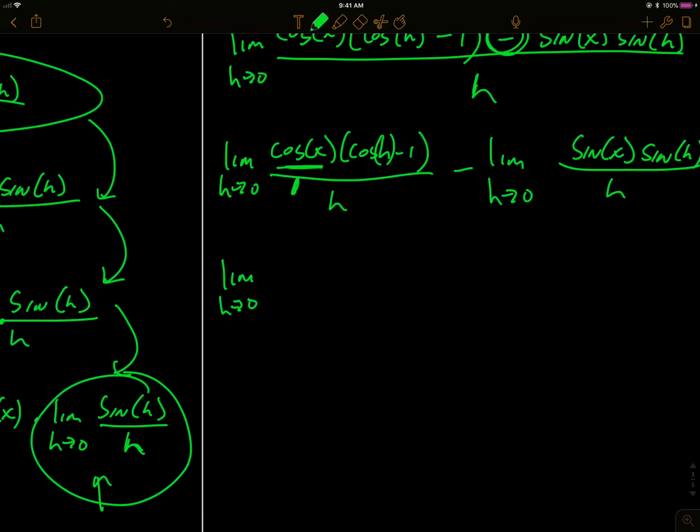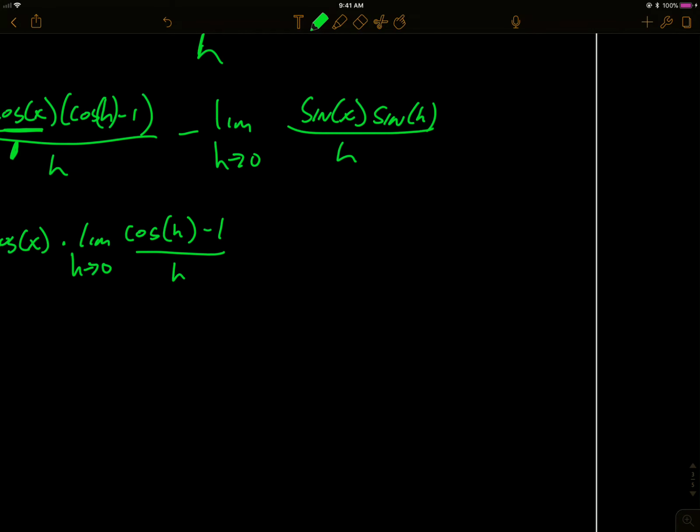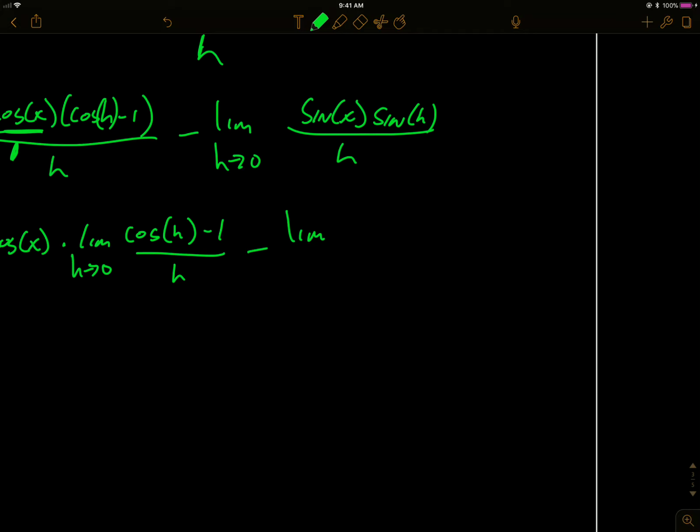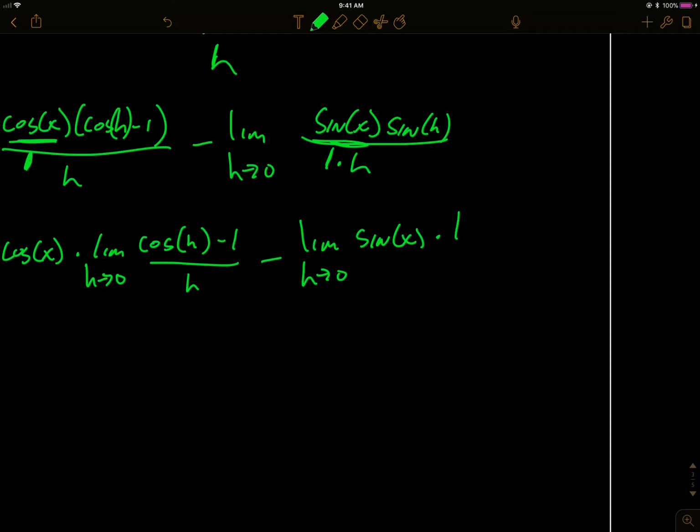Again, think of this as cosine of x over 1. So times the limit as I decompose the multiplication of fractions, cosine of h minus 1 over h, and that's a famous limit, minus the limit as h approaches 0 of sine of x, I'll think of this as over 1. So if I decompose the multiplication, it's going to be times the limit as h approaches 0 of sine of h over h. So these two are famous limits. That one's 0 and that one's 1.